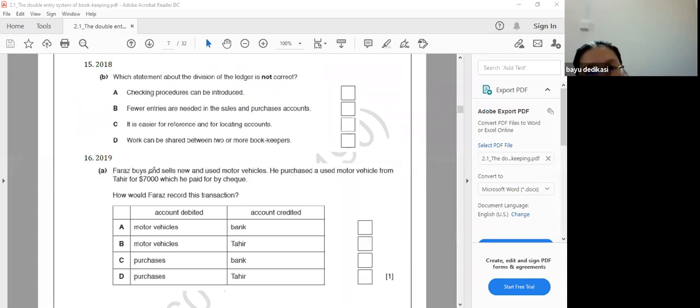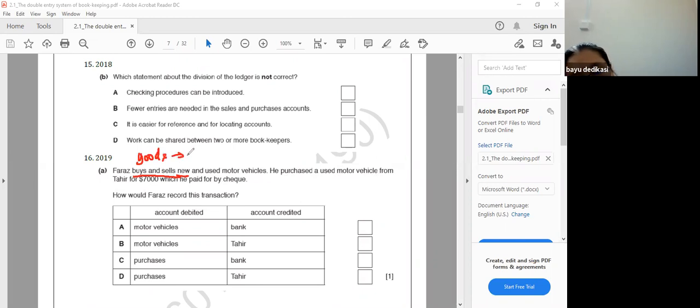Okay. Farah buys and sells new and used motor vehicles. He purchased a used motor vehicle from Tahib for 7,000, which he paid for by check. How would Farah record this transaction? Farah buys and sells. Buy and sell means that these are goods.